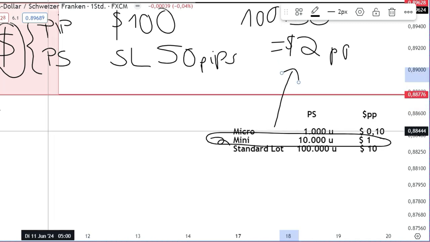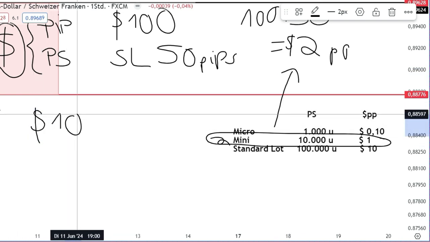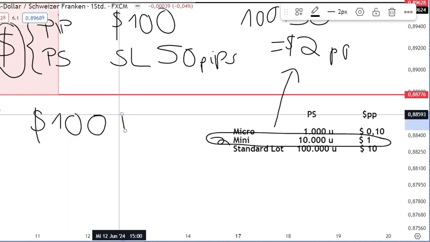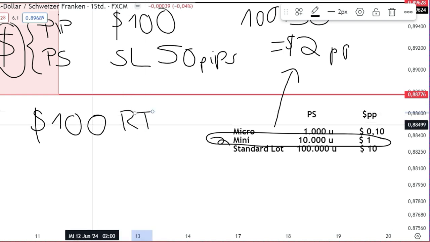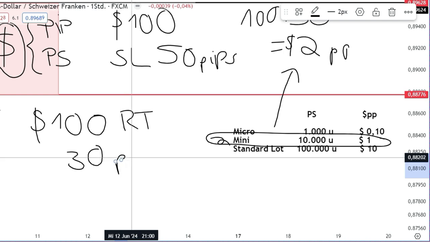But we can do another example to make it clear for you. For example, we still want the $100 that we are risking, because this is our personal risk tolerance, and our stop loss is, for example, in this case, 30 pips away.